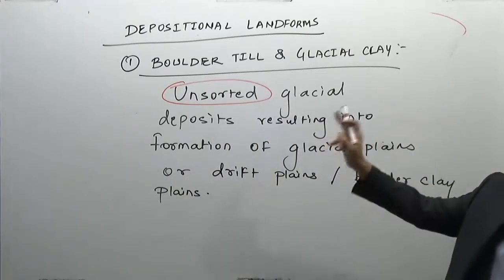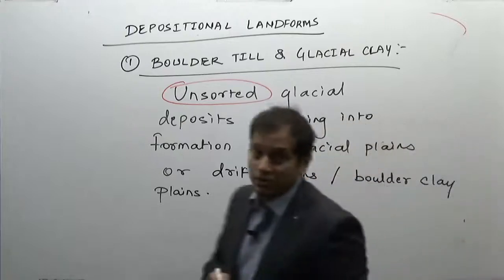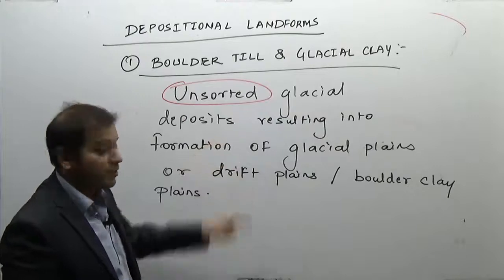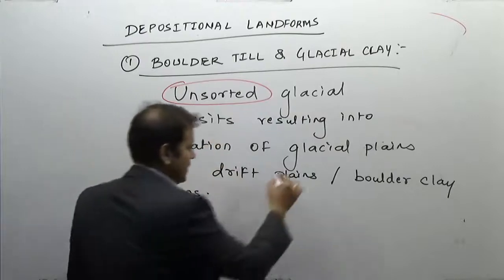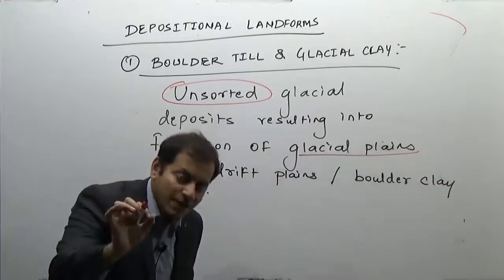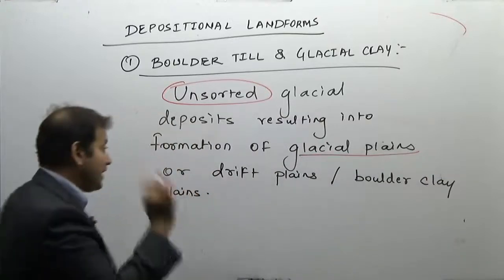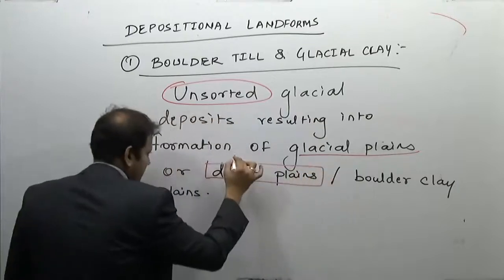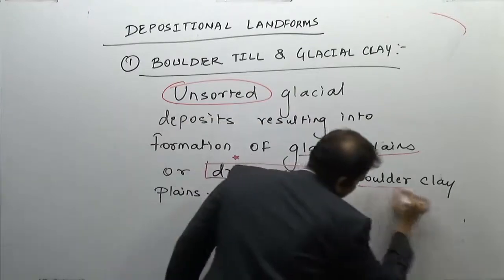Glacier does not do sorting. These are unsorted glacial deposits resulting into formation of glacial plains. What are the plains made by water? Known as alluvial plains.